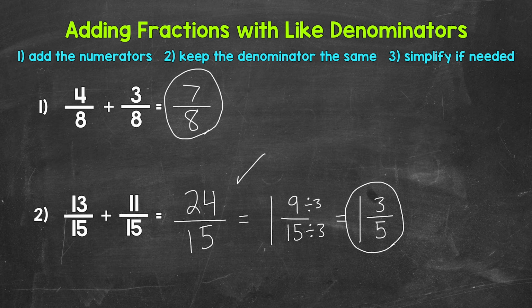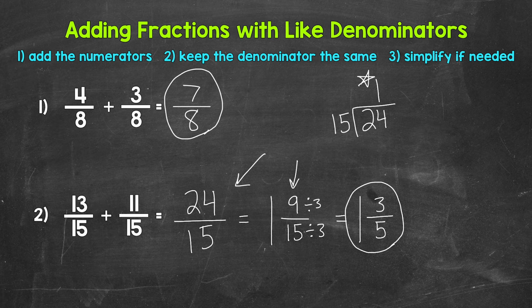Now I do want to go back to how we converted 24/15 to 1 and 9/15. Again, we divided the numerator, 24, by 15. 24 divided by 15. Well, how many 15s in 24? Well, 1.